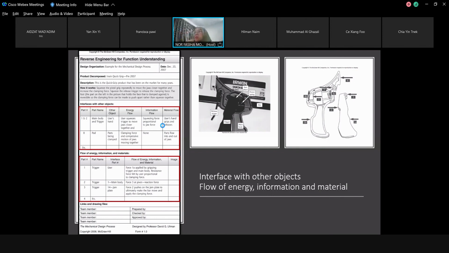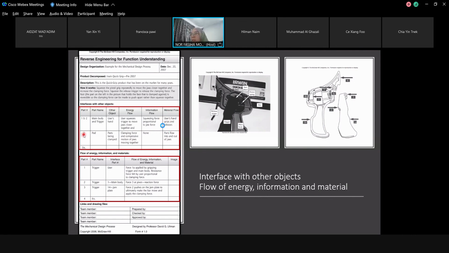The user squeezes the trigger to move the jaws closer together. This is what is happening for the energy. How about the information? The squeezing force is proportional to jaw force. How about the material? The user's hand grips and releases.